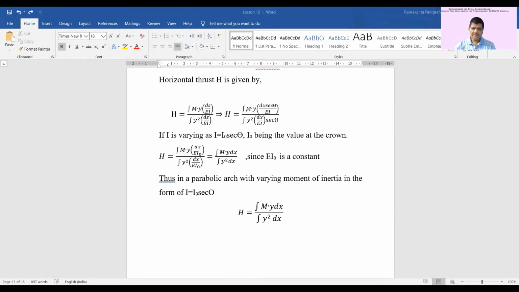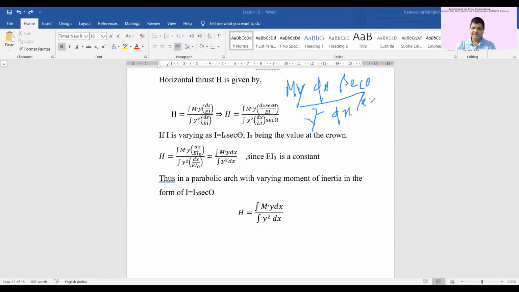It will come M into y into dx, with ds equal to dx sec theta, right? EI will cancel on both sides, and in the bottom we will find y square dx, and then sec theta.